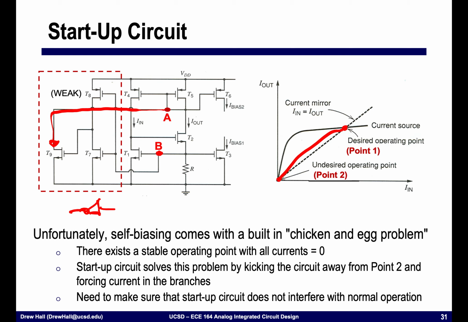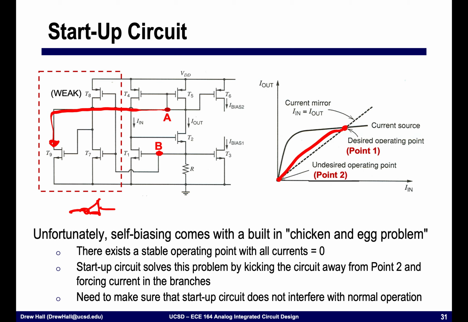And so an ideal startup circuit is exactly like this. It finds when the circuit is in the non-ideal state or the undesired operating point. It turns on, kicks it to the other operating point, but more importantly, once it's at that second operating point, it gets out of the way and it doesn't interfere with normal operation.